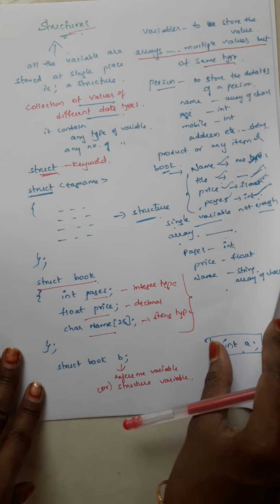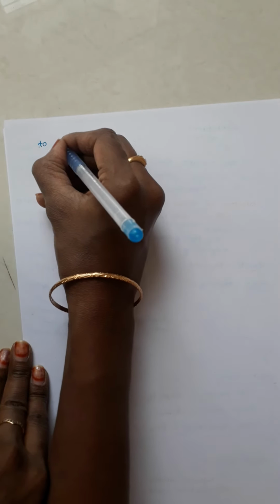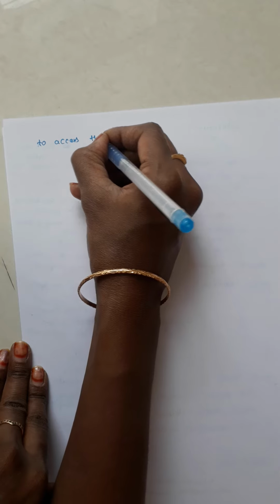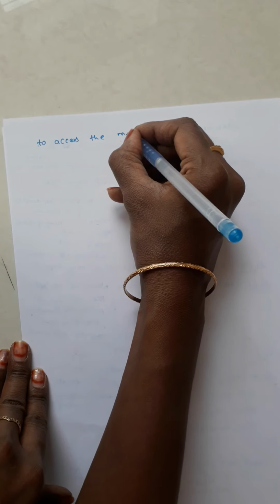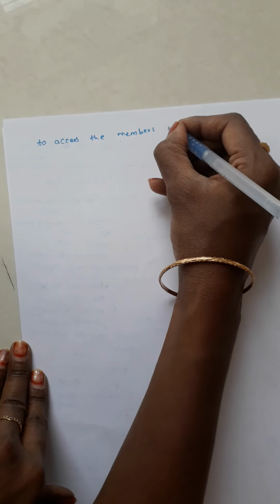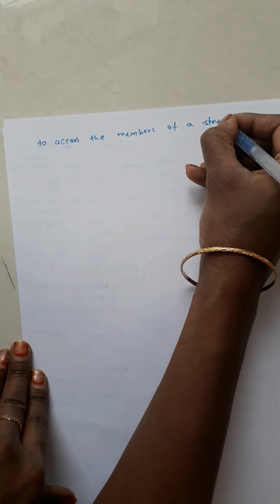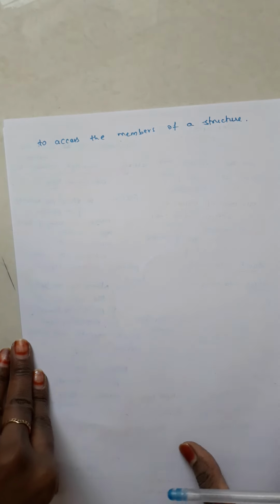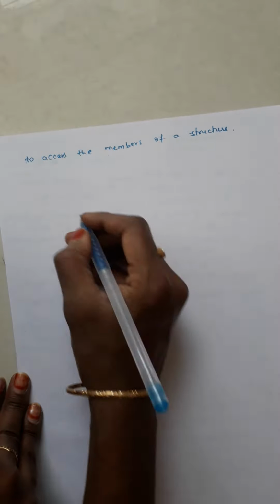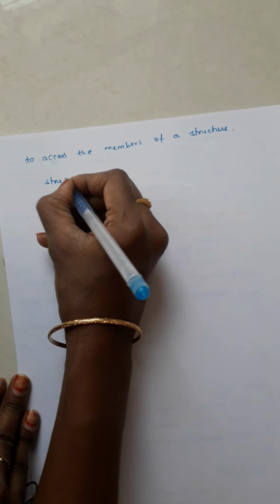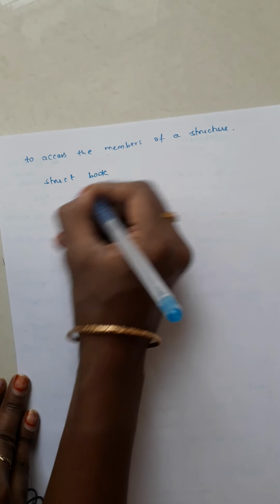So why do we declare a variable? Let us see. To access the members of a structure. So what are the members here? What did we declare here? Struct book.